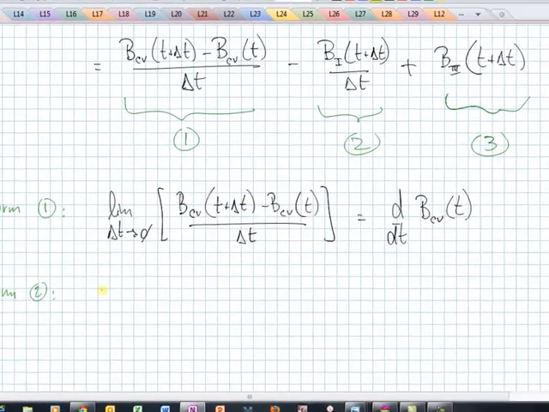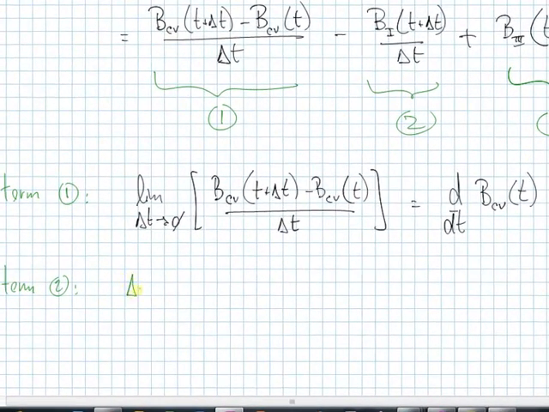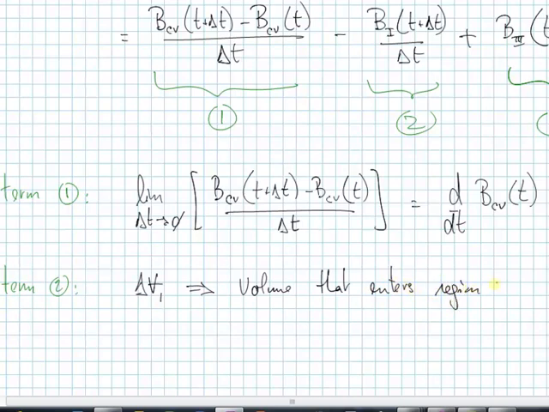We're going to call that volume delta V1. That's the volume that enters region 1.